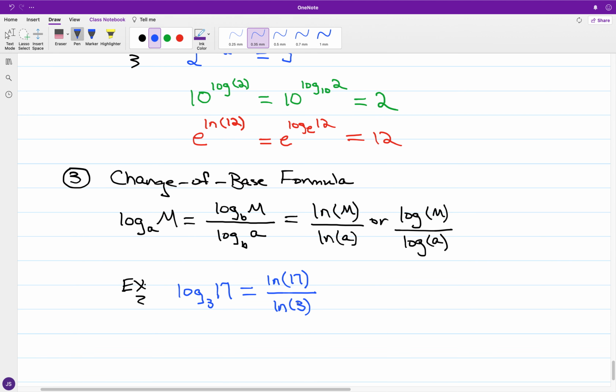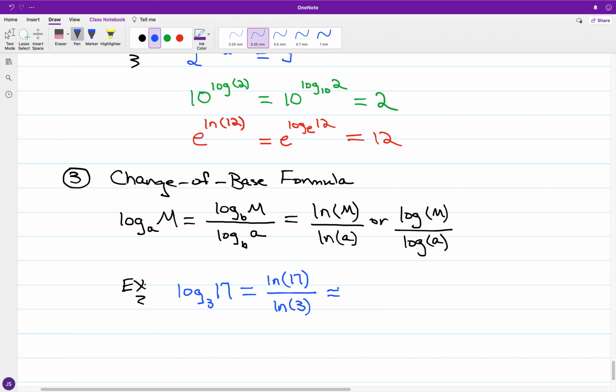And let me mention, if you're taking this ratio, you have to put in the natural logarithm twice. You have the natural logarithm of 17 divided by, and you have to re-enter the natural logarithm of 3. You cannot do it as the natural logarithm of 17 thirds. That's going to get you an entirely different number.